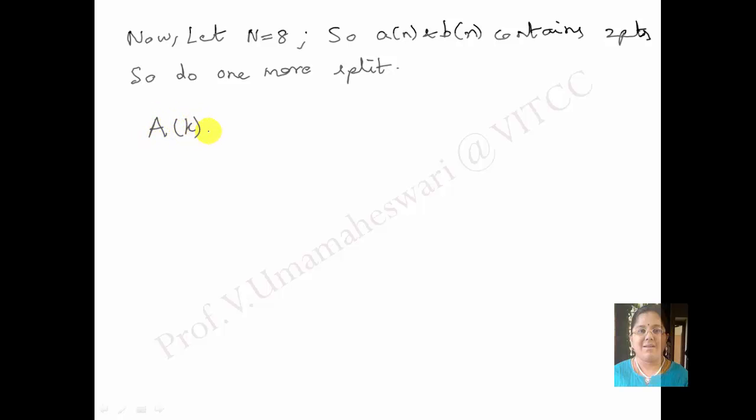As usual, we start by writing the expression for a of k. A of k contains how many points? N by 2 points. Okay, so n equals 0 to n by 2 minus 1, a of n w n k to the base n by 2.